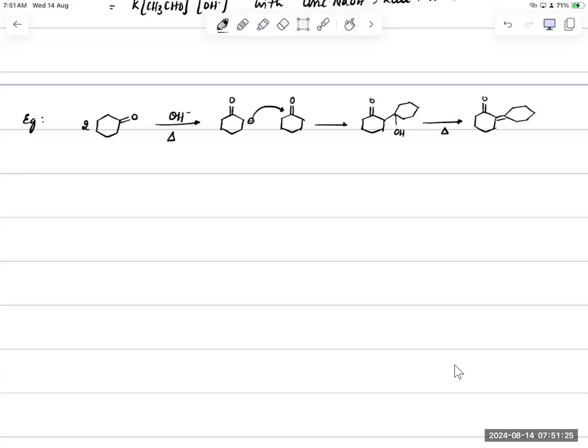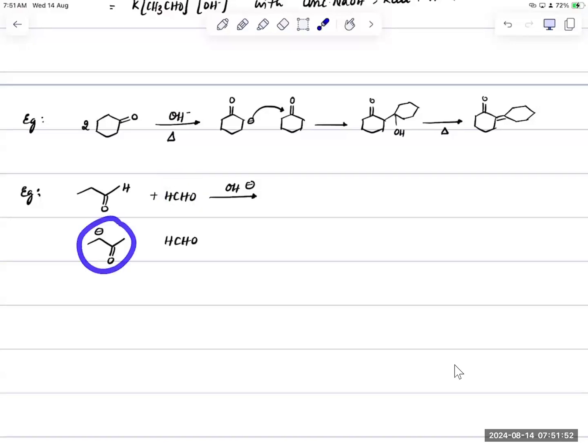Next, if you notice the crossed form, like if you have double bond O and H here plus HCHO, this is called crossed aldol. If you treat with OH minus here, then what do we get? First, we will get the minus charge here, and that will react with CHO. Why? Because this does not have any alpha hydrogen. So aldol will happen only with respect to this one.